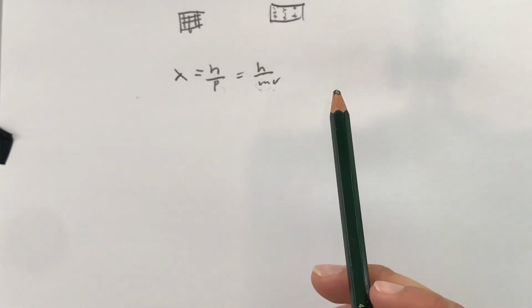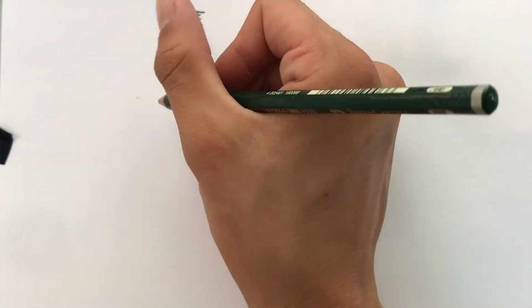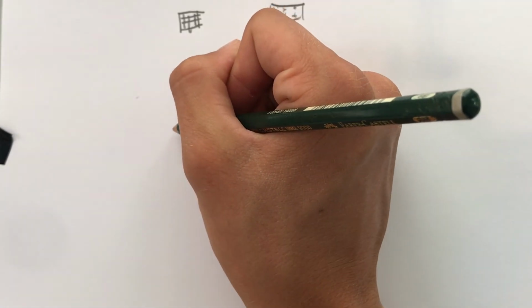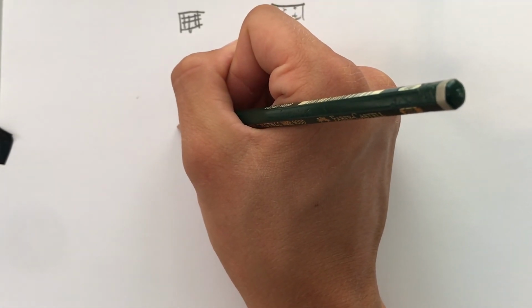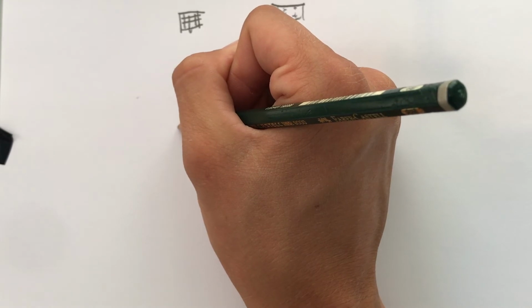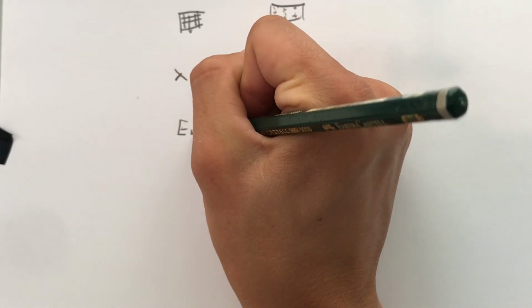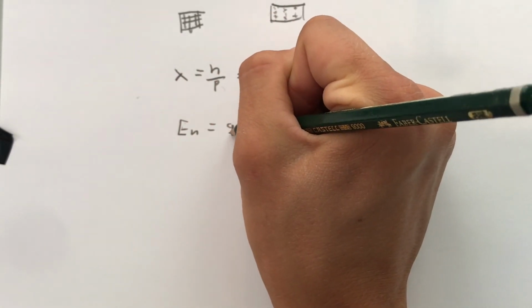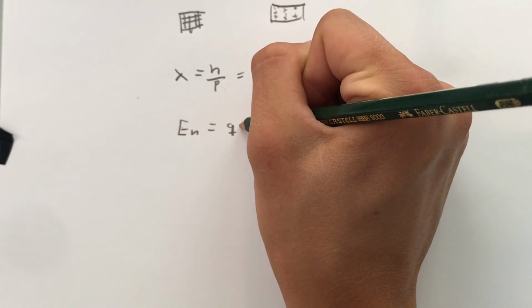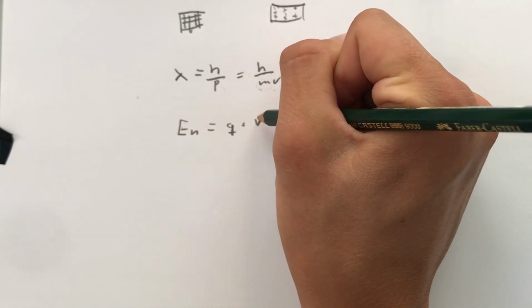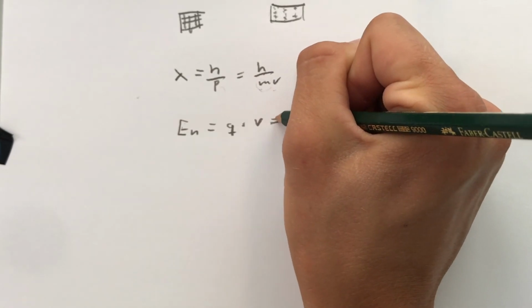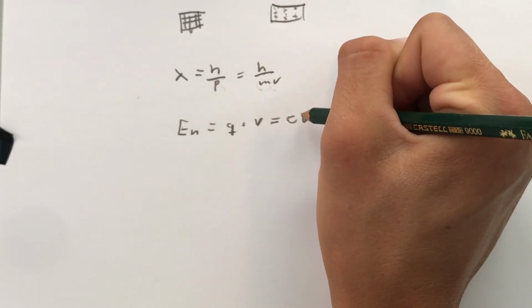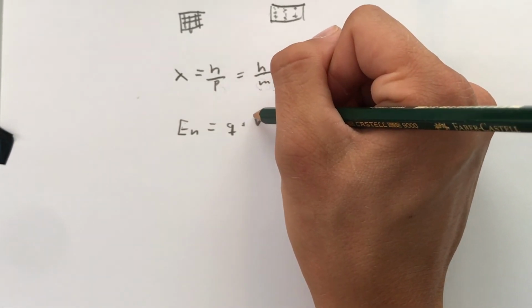So if that is true, the energy for an electron in an electric field is simply eV, the charge multiplied by the voltage. I mean a volt, not velocity.